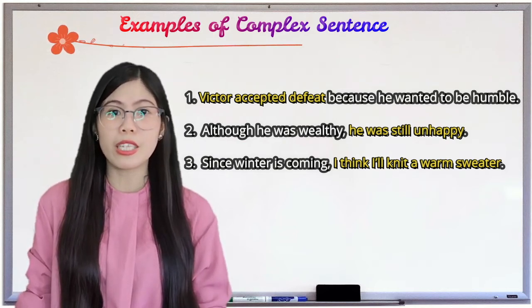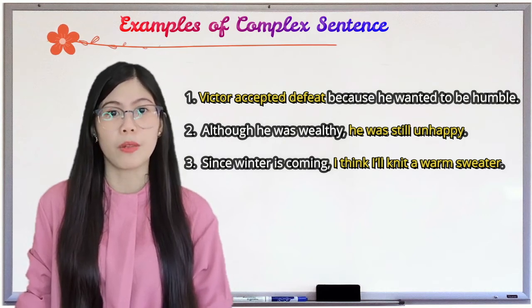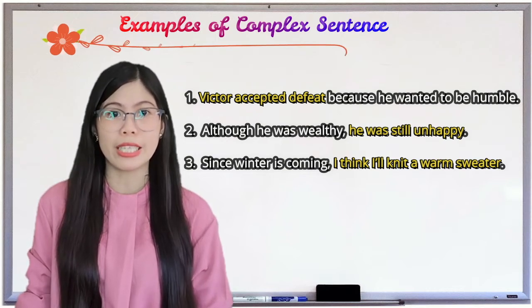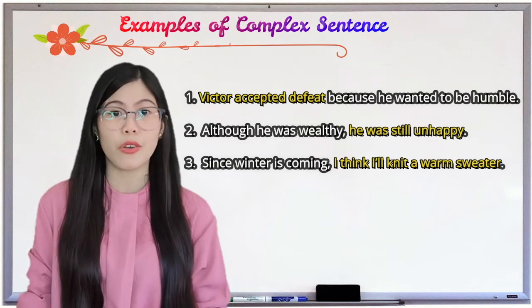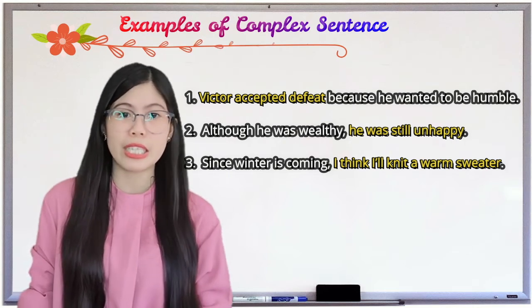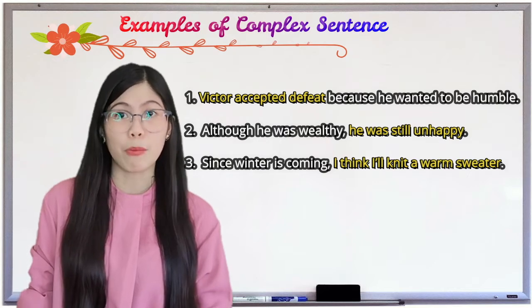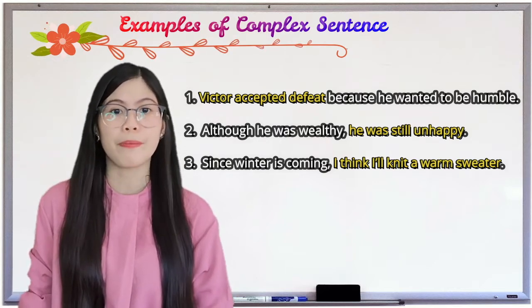While our dependent clause here is because he wanted to be humble. Although we have the subject he and the verb wanted, it doesn't express a complete thought. Why? It is because we don't know what's the result of him wanting to be humble. We don't know if he didn't accept an award or recognition because he wants to be humble, or he wants to please others, and so on.